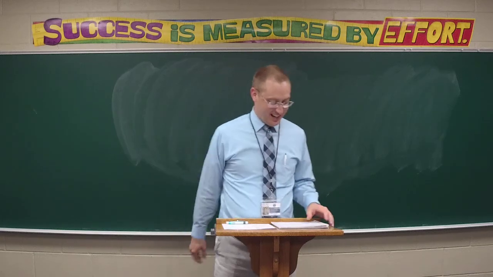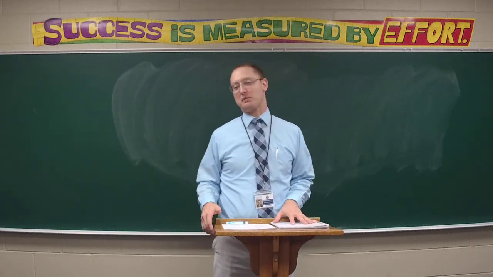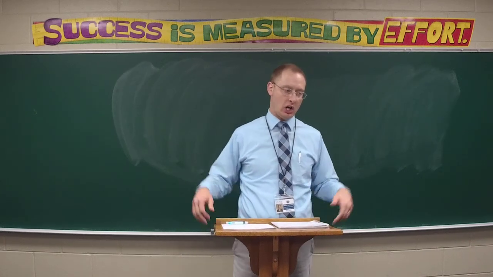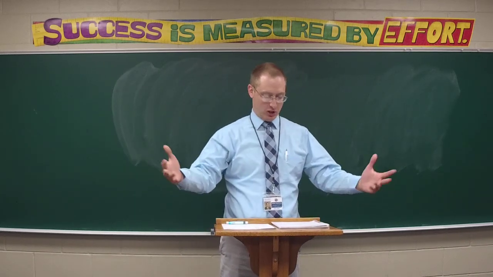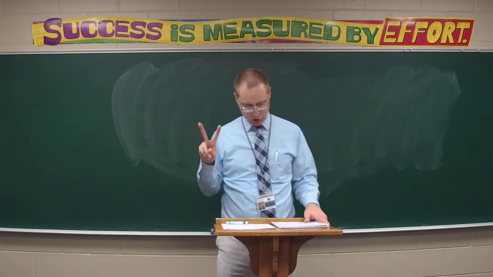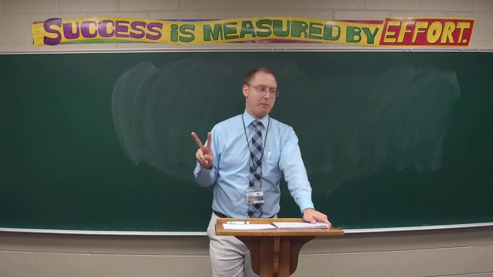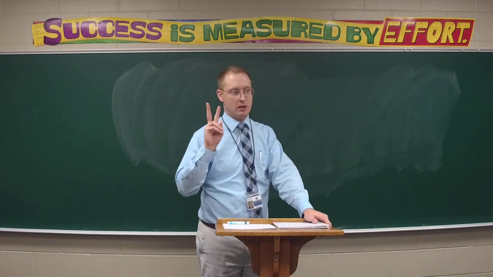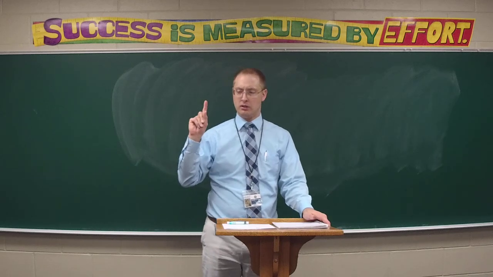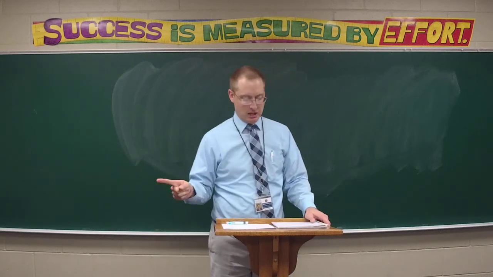We're rolling. We talked yesterday about adding and subtracting radicals, and we said you can only add or subtract radicals that are similar to each other. Two things have to be true for radicals to be similar. First, they have to have the same index, and they also have to have the same radicand.